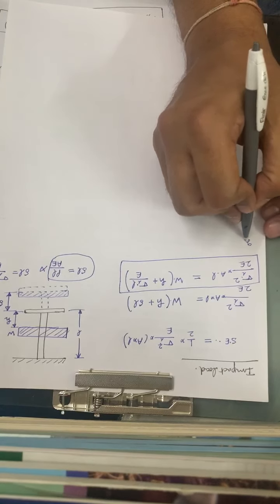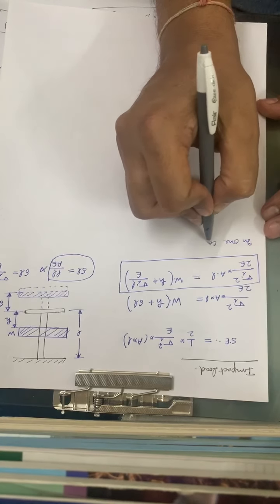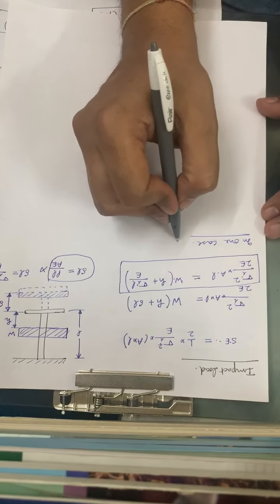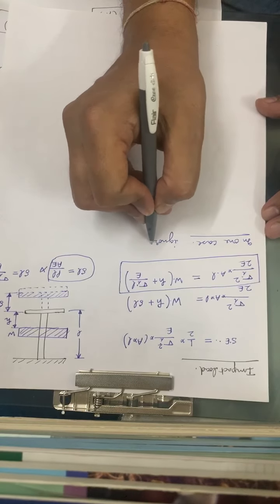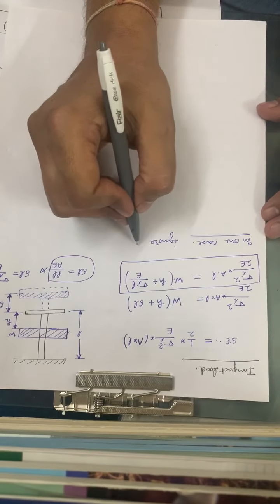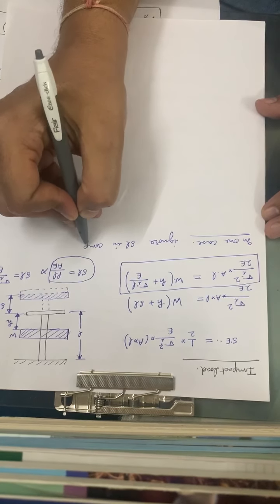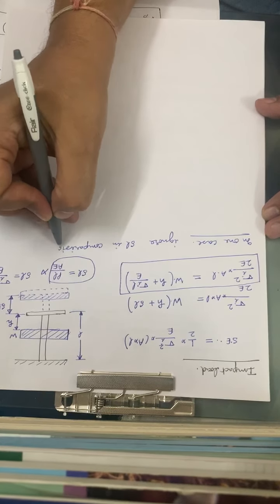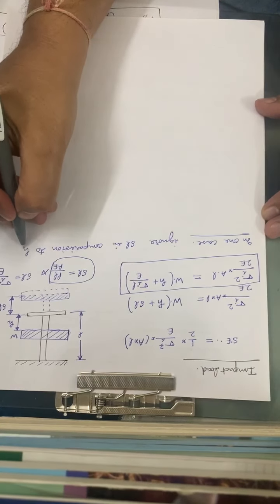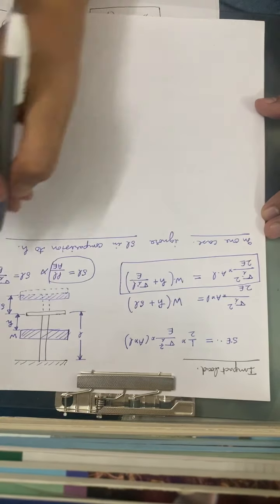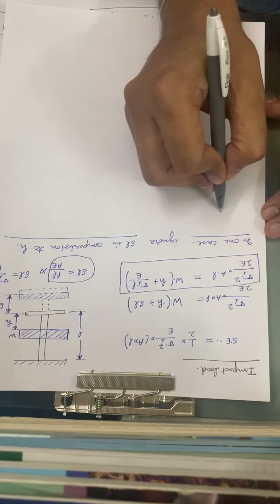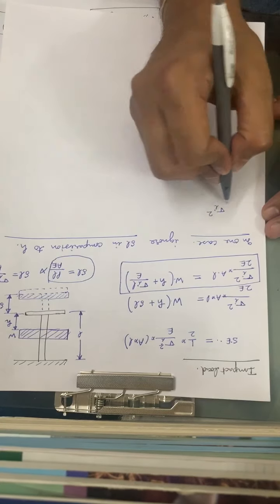In one case, if we ignore delta L in comparison to H, then I can very easily compare it.